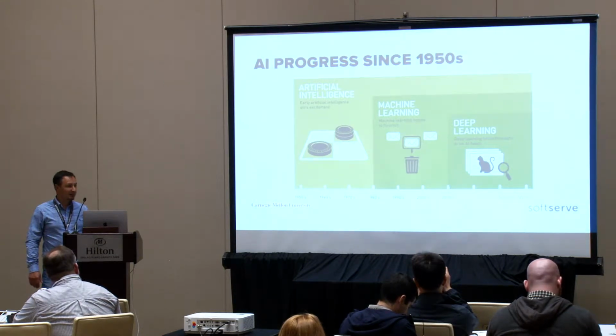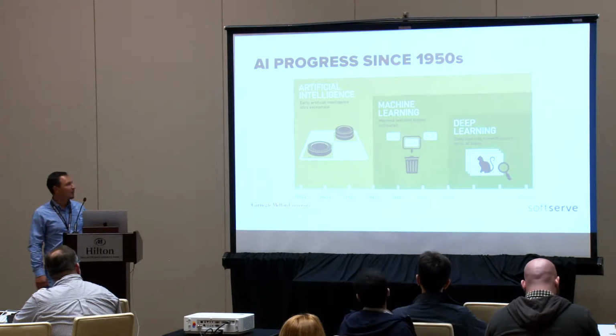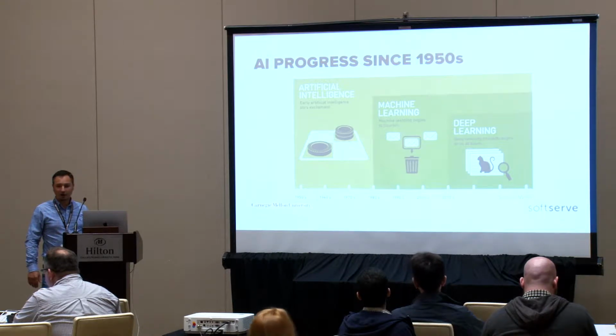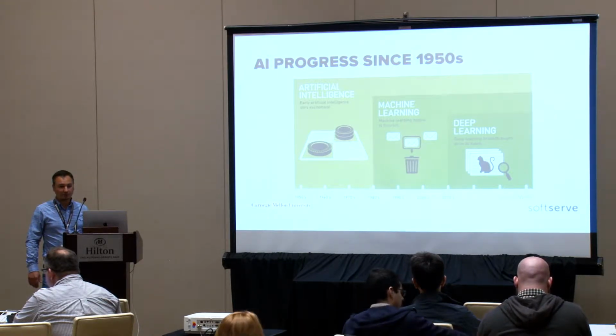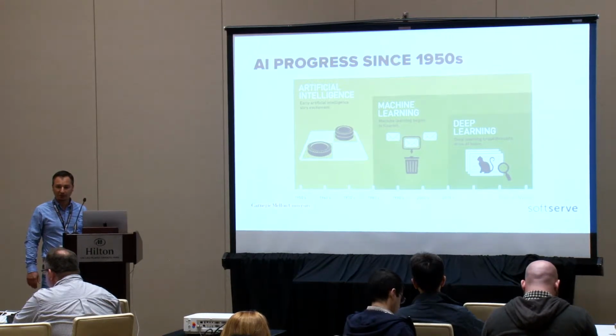Let me give you a little background, just a recap of AI history. AI as a term was coined by John McCarthy in the 1950s, and at that time there were great hopes for this field, a lot of hype and so on.